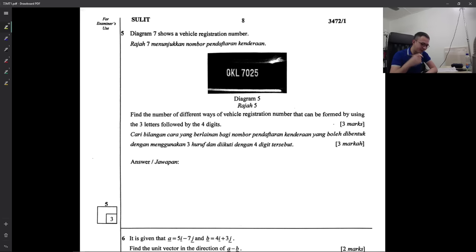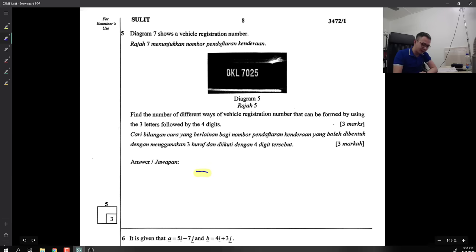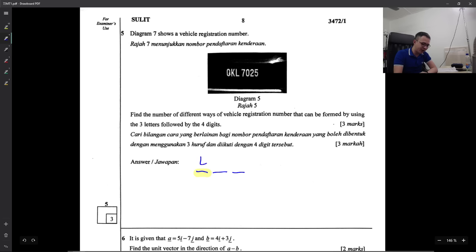So therefore, the first 3 places over here must be letters, and then the next 4 places over here must be numbers. You do see some car plate numbers, something like WQS, maybe 1665.